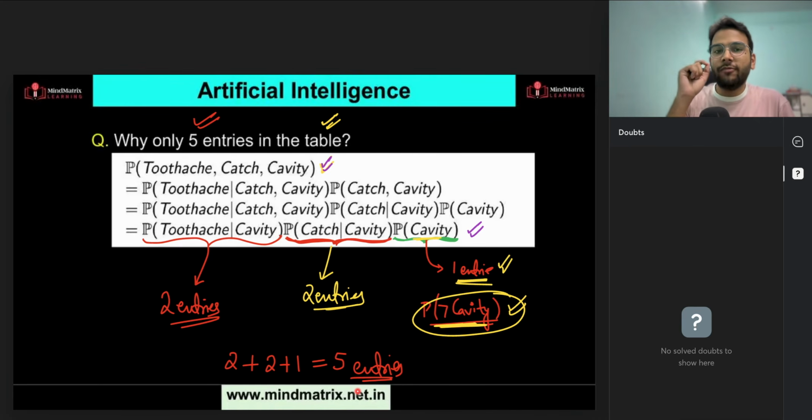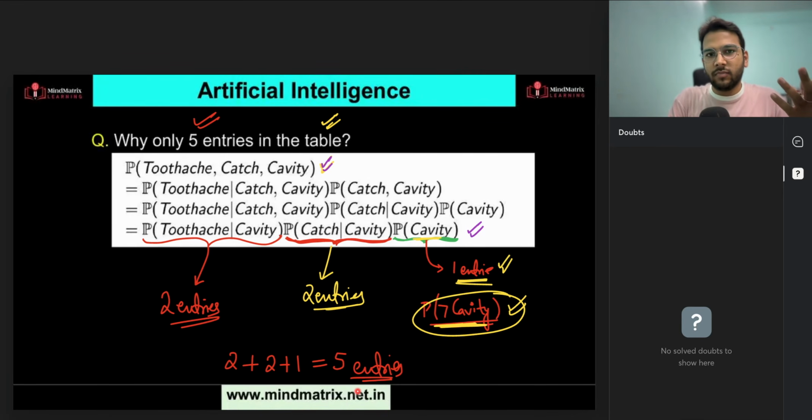Do you see the usage of conditional independence? We started just from the joint distribution. Then we used the property of independence, and then we used the property of conditional independence, and we were able to further reduce it. Because ultimately we knew that we need the joint distribution table at any cost, because that can answer any uncertainty.